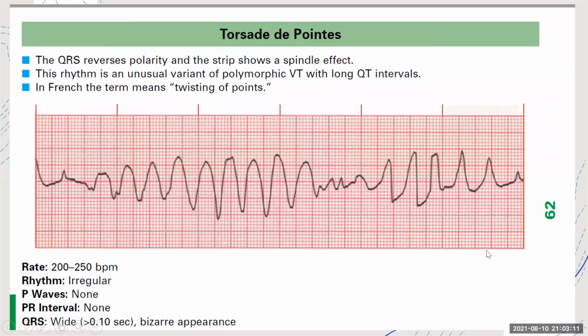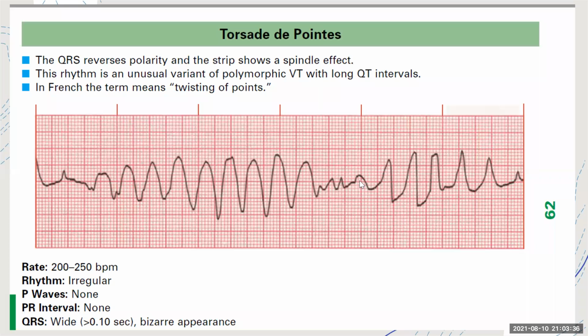This one is torsades de pointes. Again, you will find the same ventricular tachycardia in this ECG, but here you will sometimes find this pattern appearance. This is called a spindle effect. If this bizarre appearance is there, then we can say it's torsades de pointes. In French, the term means twisting of points.